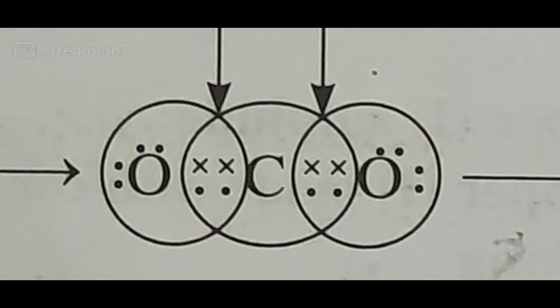Make a circle along with 2 more electrons of the carbon so that the oxygen circle will have 8 electrons, on the right side also and the left side also. And in the center, how to put a circle around the carbon? Count 8 electrons on either side and put a circle. This is the dot structure. This is very important for your board exam.